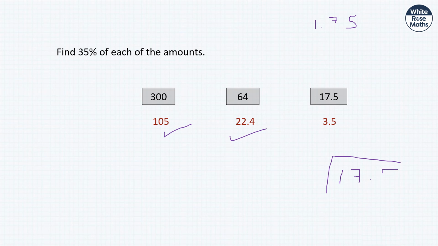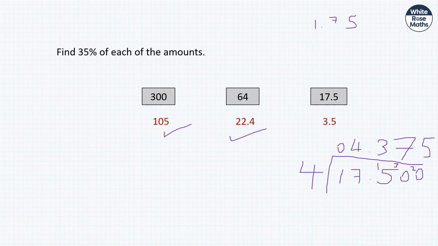17.5. I'll put some zeros. So divide that by 4. 4s into 1, I can't do. 4s into 17 go 4 times with 1 left over. 4s into 15 go 3 times, remainder 3. 4s into 30 go 7 times with 2 left over, because 4 sevens is 28, and 28 plus 2 equals 30.